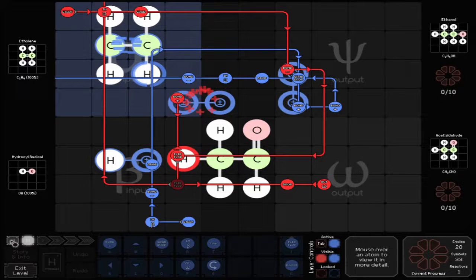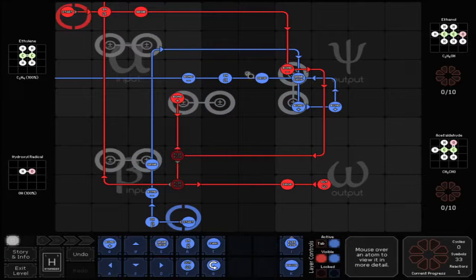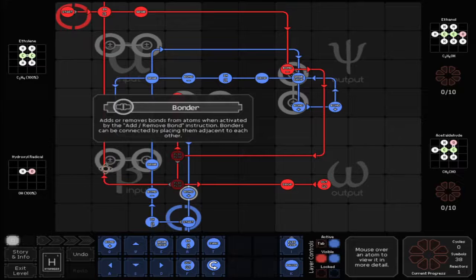But, I am going to have to get very clever with the maneuvering. He grabs the next ethylene and attaches it to the hydrogen that was left behind.